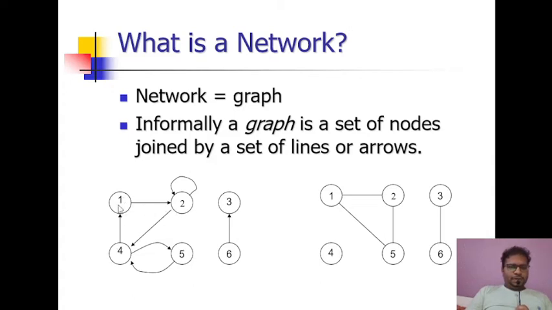You can see 1, 2, 5, 6, all these are the nodes and these are the lines which are connecting them. It's not mandatory that they should all be connected. The total part is one graph.